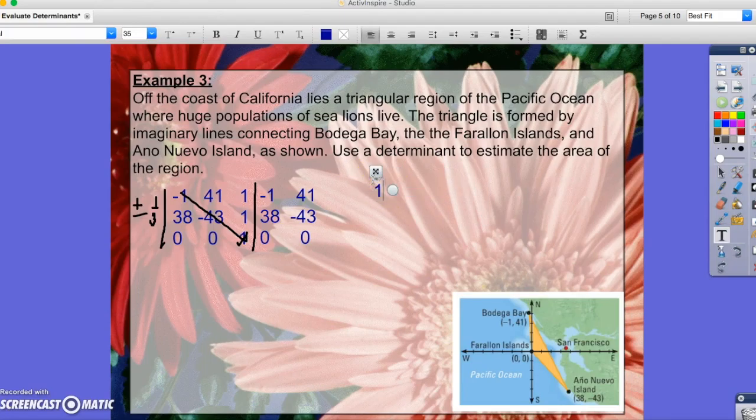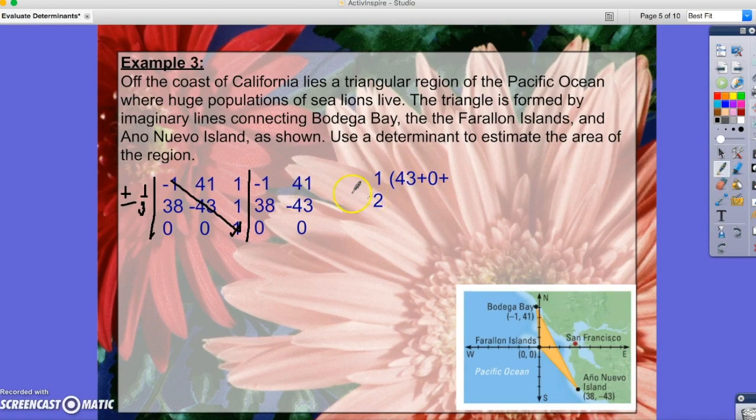So I'll write the 1/2. When we multiply out, we get 43 plus the next one, 41 times 1 times 0, which is 0. Then we get 1 times 38 times 0, which lo and behold is 0 again.